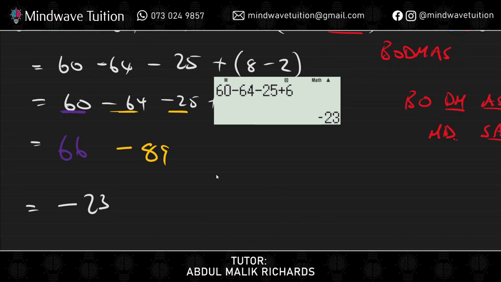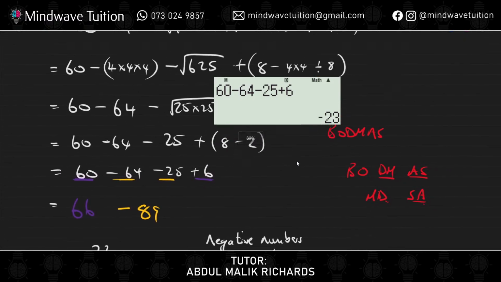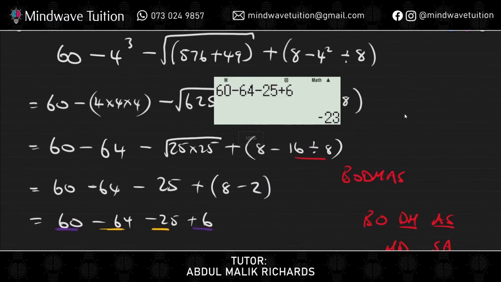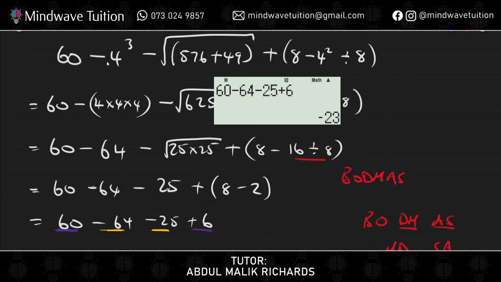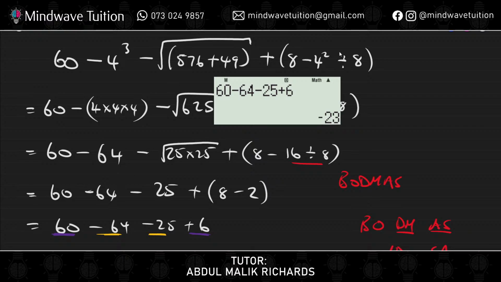This is where, on the number line, you'll have 1, 2, 3, but on the other side of the number line you have what we call negative numbers. That is for later in the year, if not now, in the third term. But there you go. Despite the last part, I'm sure you understand everything else: how to determine a cube root, how to do square roots, BODMAS.